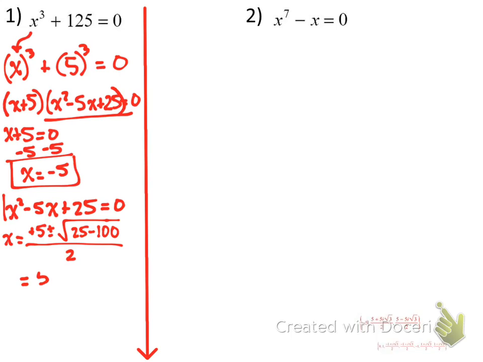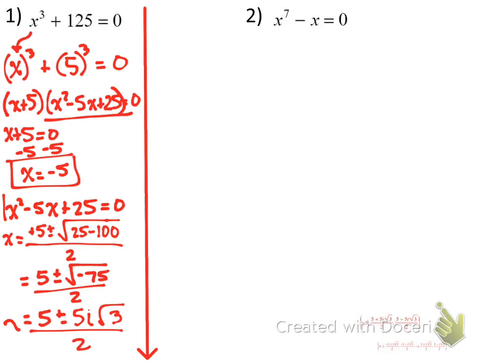We got 5 plus or minus the square root of negative 75, all over 2. We know that 25 times 3 is 75. There's a negative, so we can take out the square root of 25, which is 5, so it's going to be 5i radical 3 all over 2.